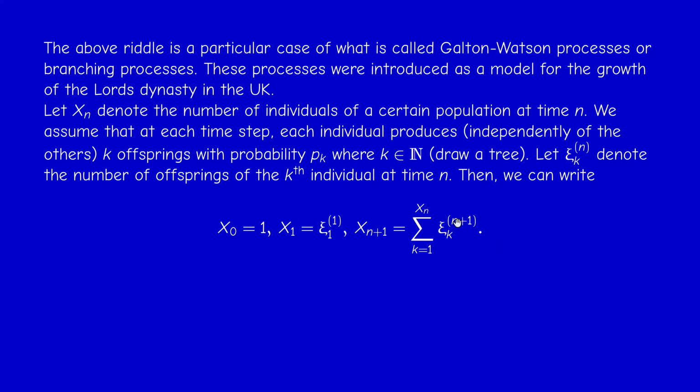So at time n, we have, let us say, some number xn of individuals. And for each individual, we have a number of possibilities. So we sum all these independent random variables. So the stochastic process can be written in this way.